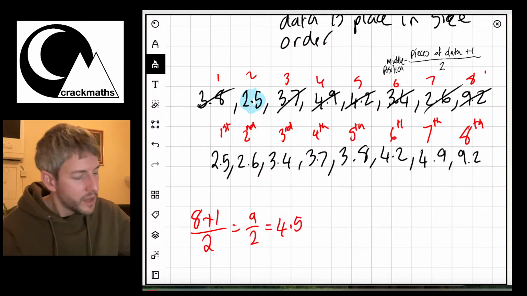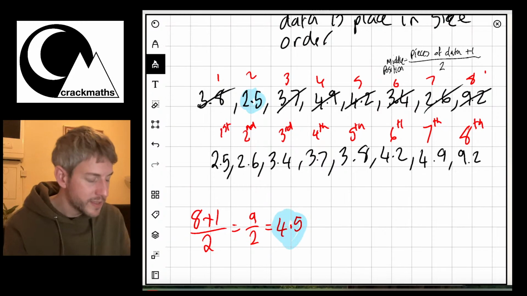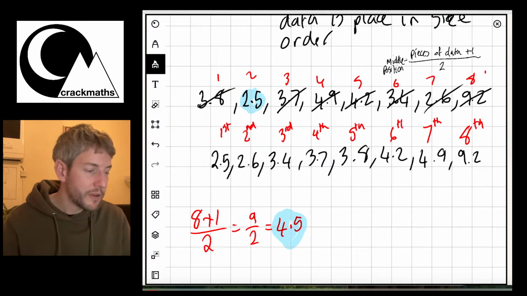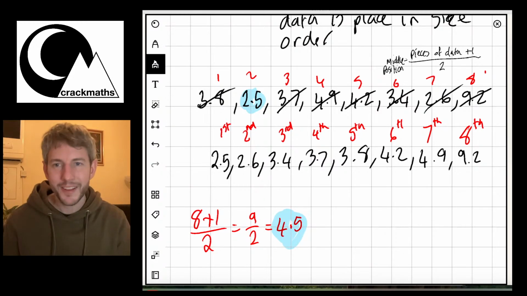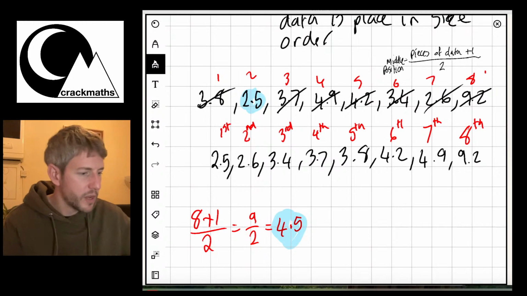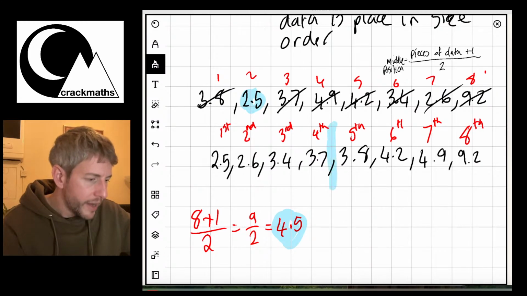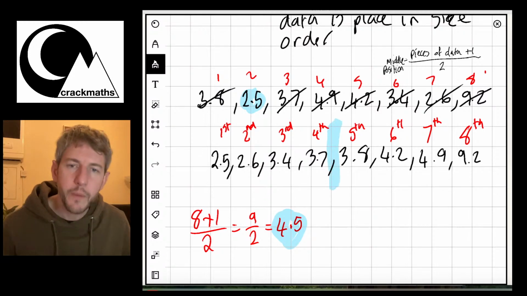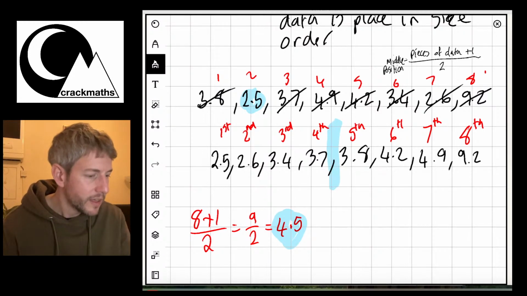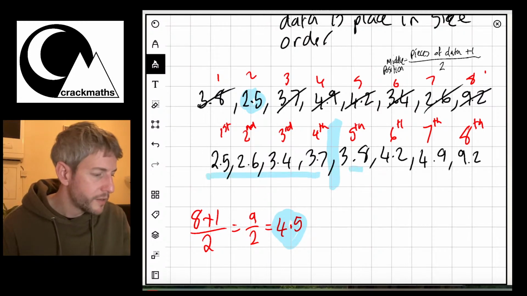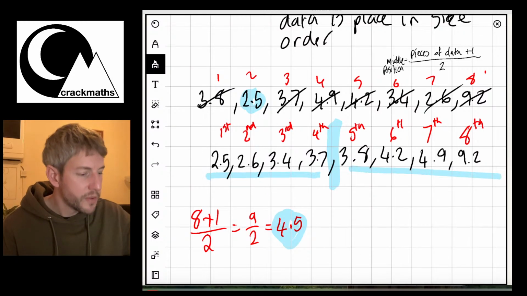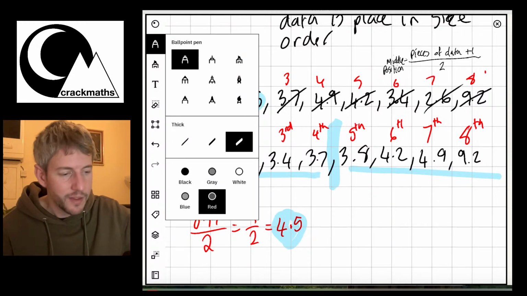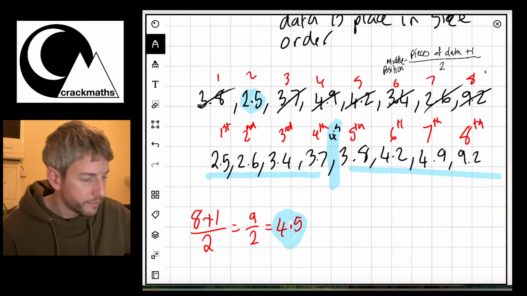Now this is interesting, because it's an even number of data, there isn't actually a piece of data in the middle. So I'm going to put a line here to indicate where the middle is. As you can see, we've got 4 pieces this side, 4 pieces that side. So the middle is, as the calculation showed us, this 4.5 position.